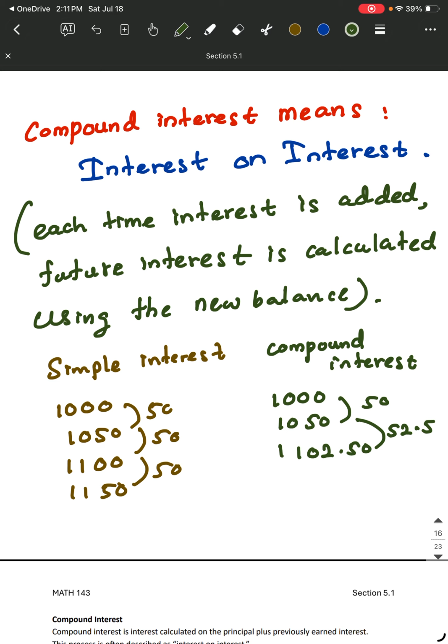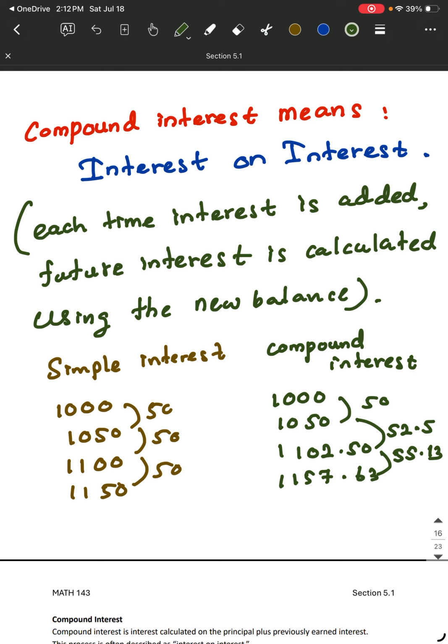So next 1,157.63, with 55.13 interest. Got it? So you can immediately see the difference. Within the simple interest, each year you earn the fixed amount of interest, but for the compound interest, you earn interest on interest.